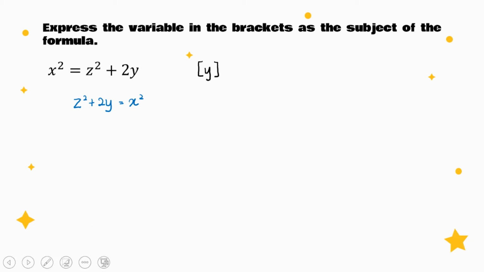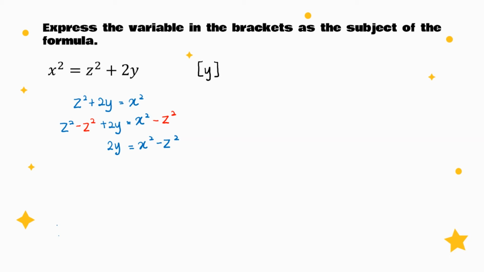So z square minus z square plus 2y equals to x square minus with z square. We perform the equality concept, so for both sides we minus with z square. So we get the answer 2y equals to x square minus z square.